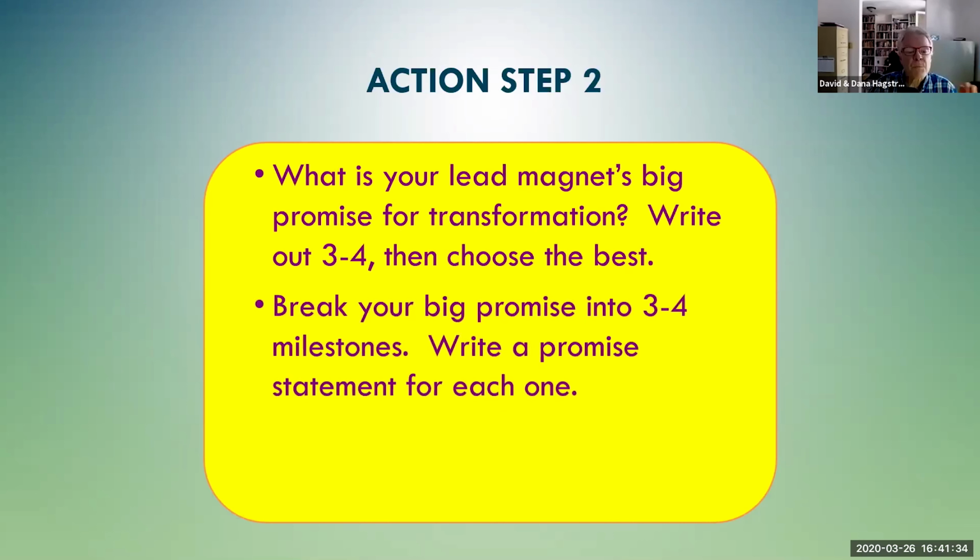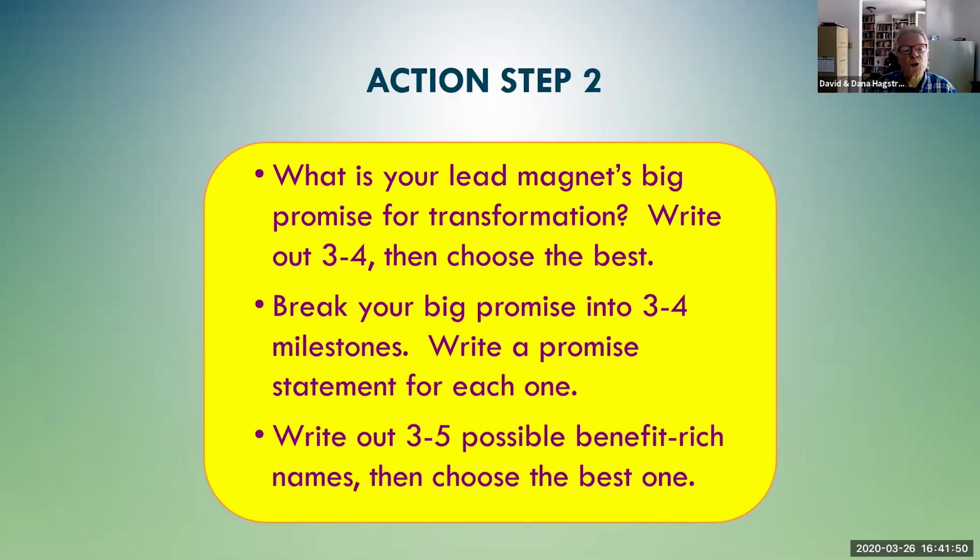Then break your big promise down into 3 or 4 milestones. And again, write a promise statement for each one. Write 3 to 5 positives that state what the benefit is, what your lead magnet will do for them, and choose the best one.